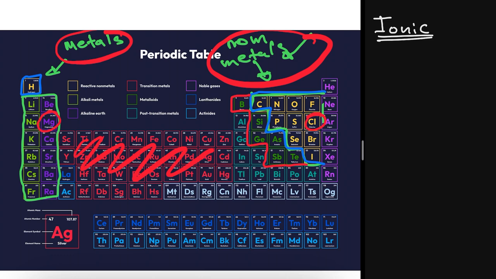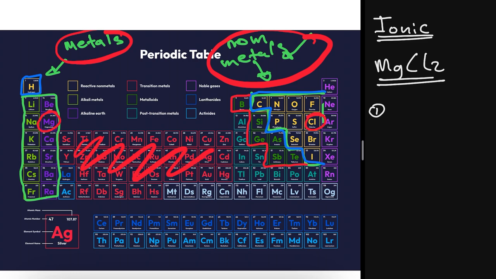We said the compound that is formed when magnesium bonds together with chlorine is MgCl2. But now, how do we actually name this compound? For us to name the compound, the first thing we need to do is label the metal as it is.